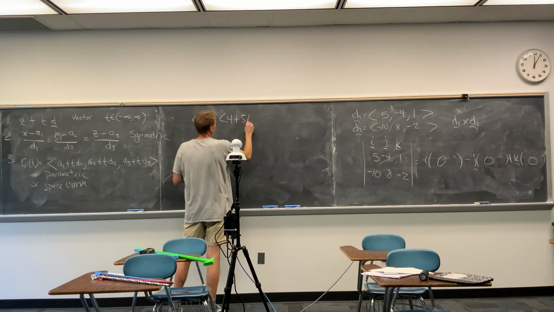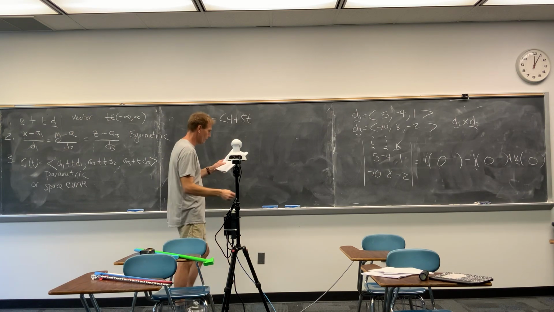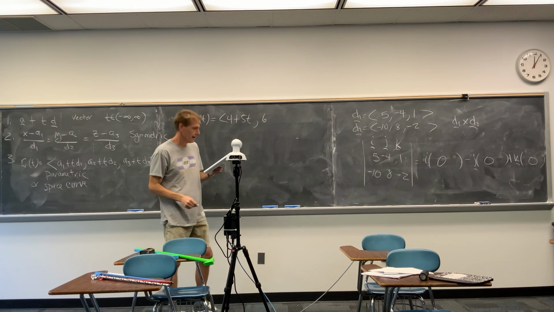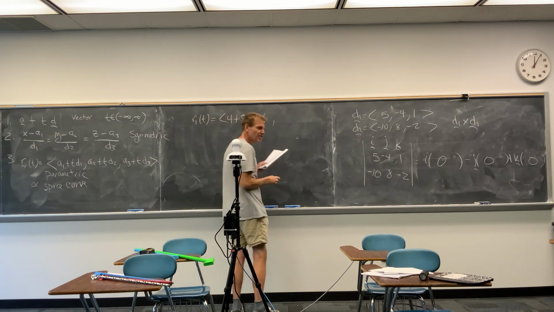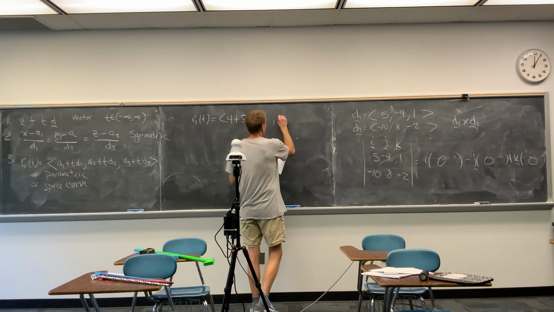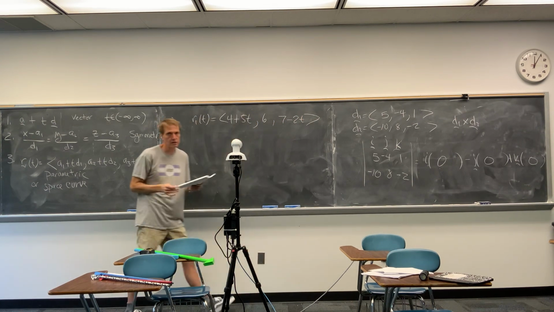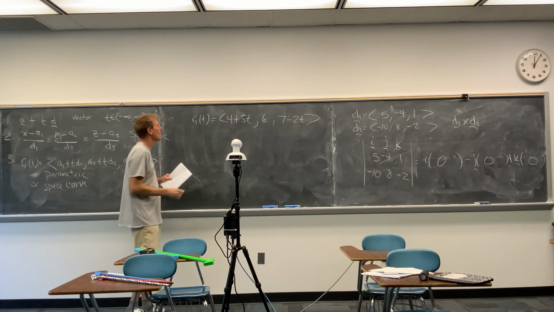I'm giving the parametric form: 4 plus 5t, the second component is 6 plus 0t, and 7 minus 2t is the last component in the space curve for my line.